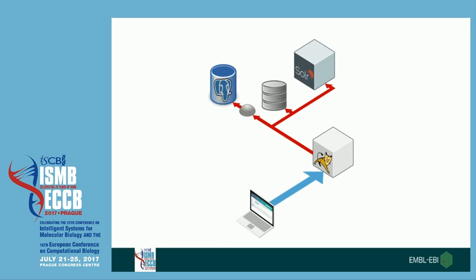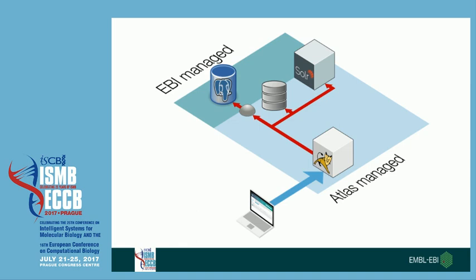So we have a PostgreSQL database, we have files, a storage of files, and then we have a Solr server. In this case, everything except the database is managed directly by the Atlas team, and the database is managed by the EBI database team.